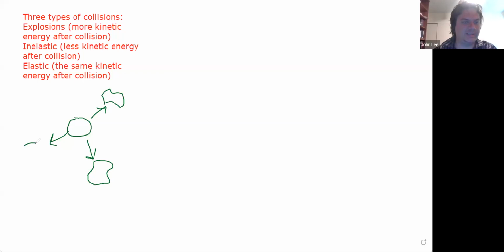These masses aren't to scale, because I'm realizing that I'm making them about as big as the initial mass itself. But when you have an explosion, it's going to have more kinetic energy because you can have it with initially zero kinetic energy.